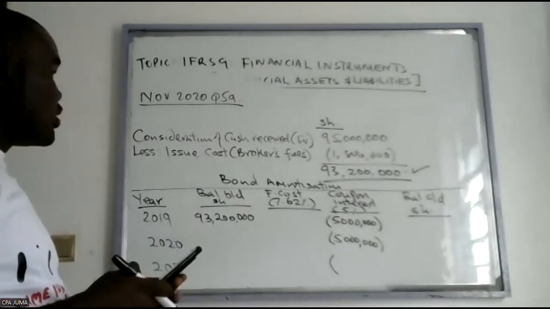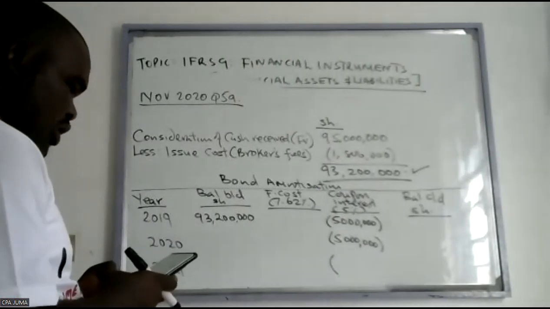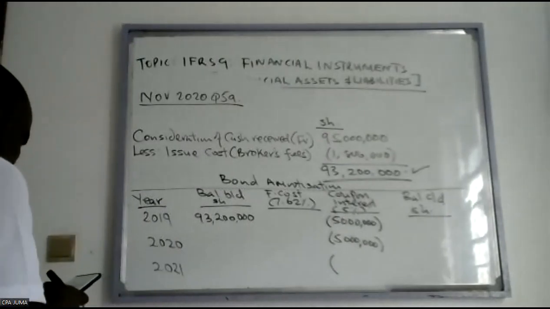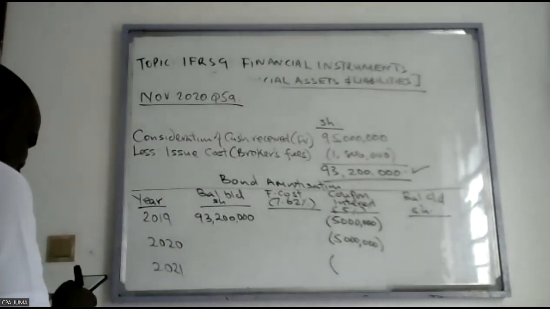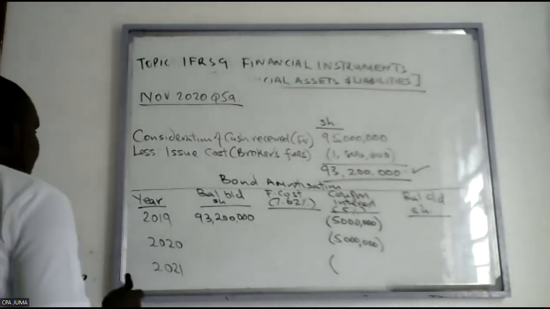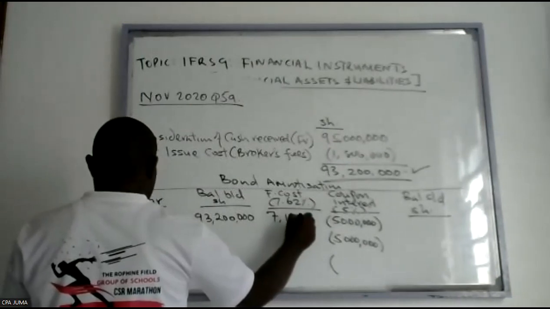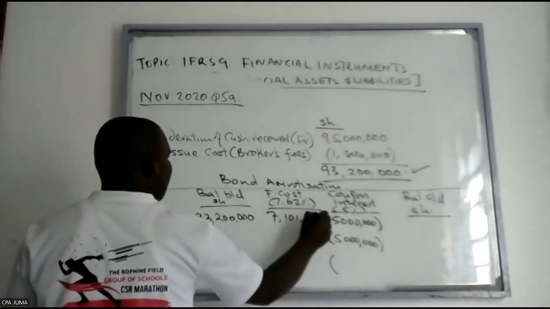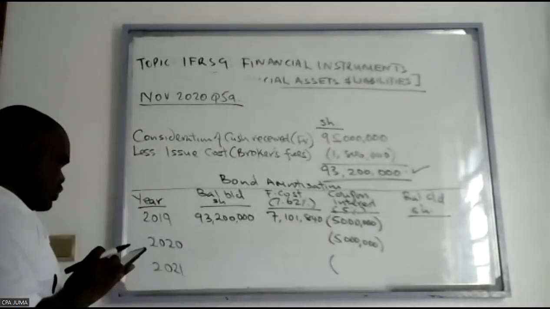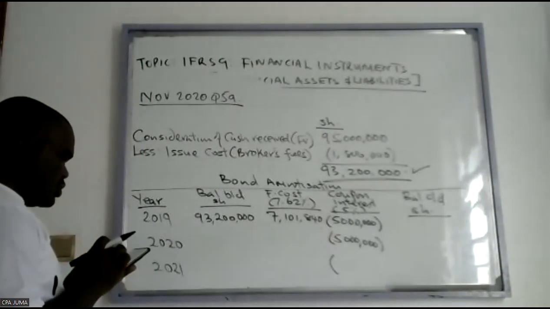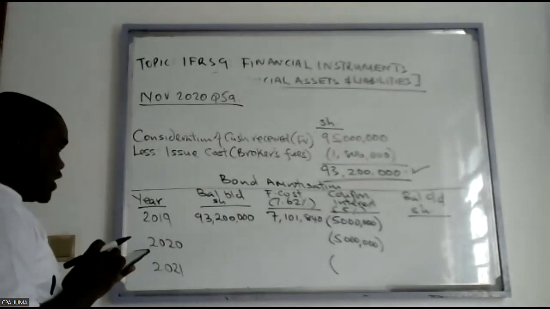So this is 93,200 by 7.62%. You get 7,101,840. Yes, minus 5 million plus 93,200.